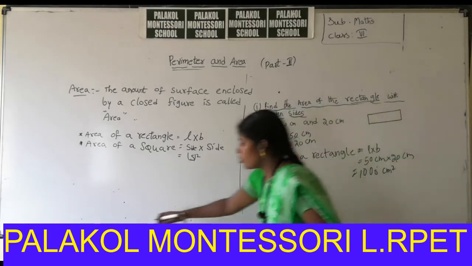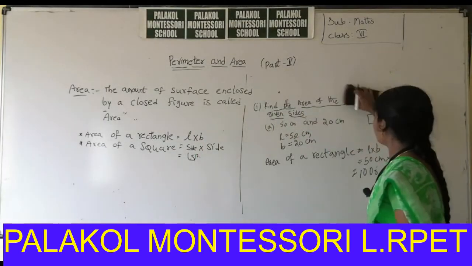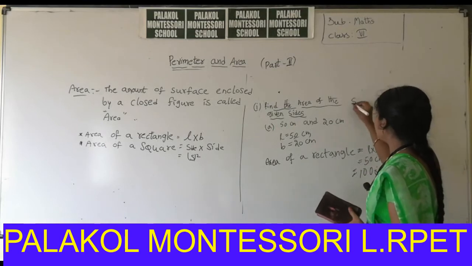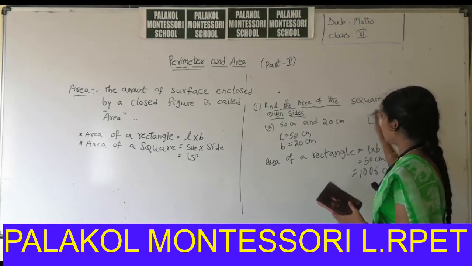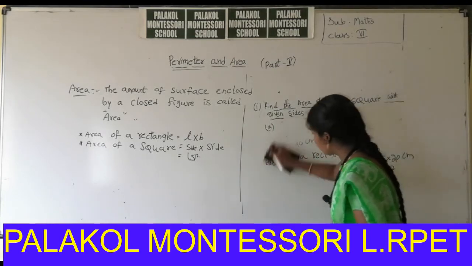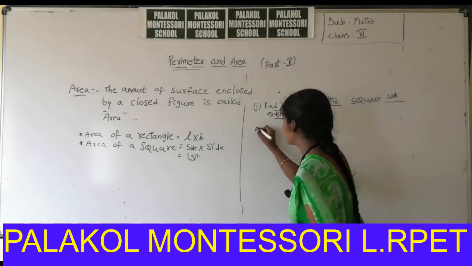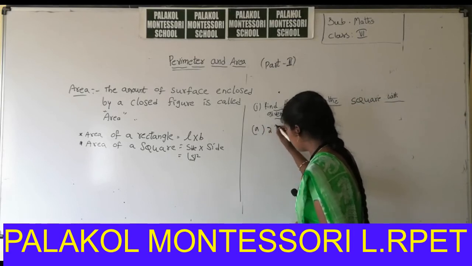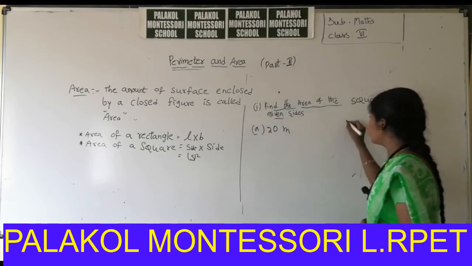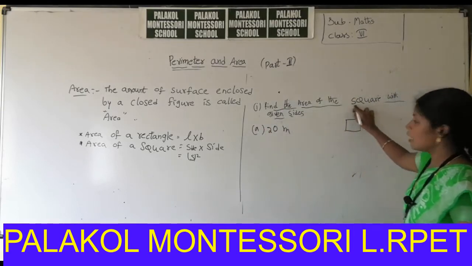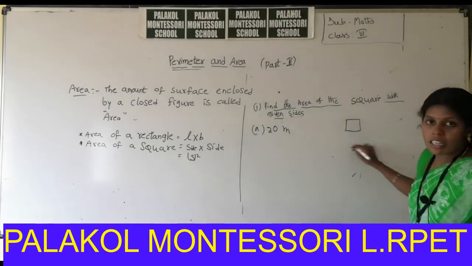Next we go to area of a square. Area of a square with given sides. For example, 20 meters. We can find the area of a square. In a square all sides are equal.